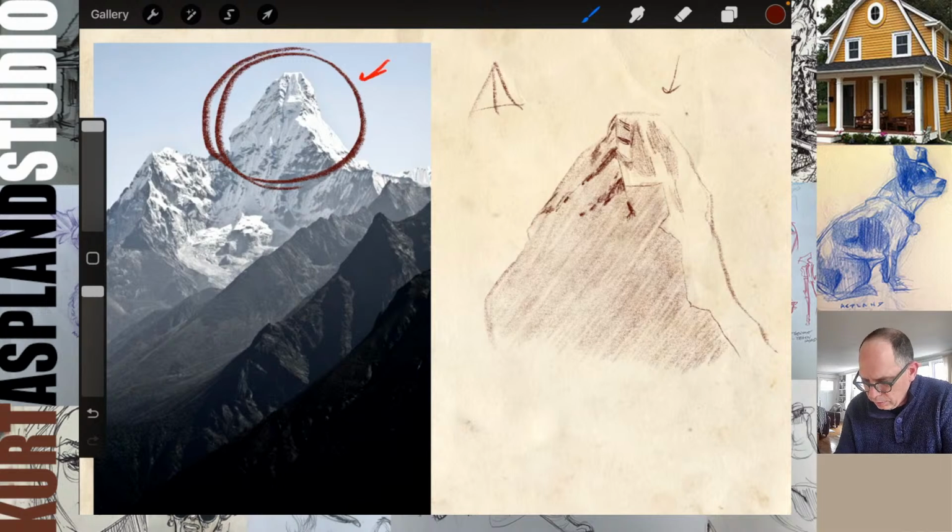It's very similar to drawing hair, where you really have to concentrate on what you're drawing.